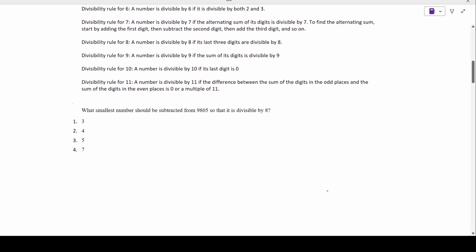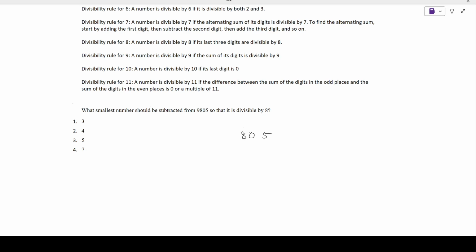The first question is, what is the smallest number that should be subtracted from 9805 so that it is divisible by 8? For a number to be divisible by 8, the last three digits must be divisible by 8. Here the last three digits are 805.